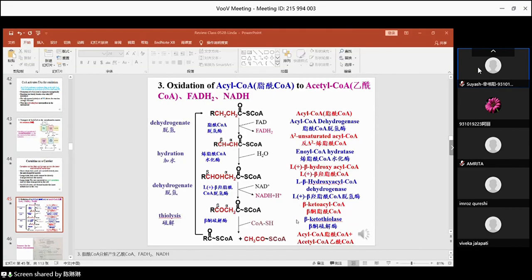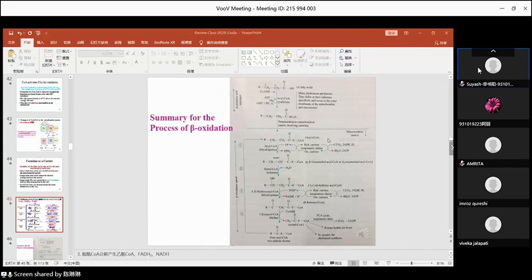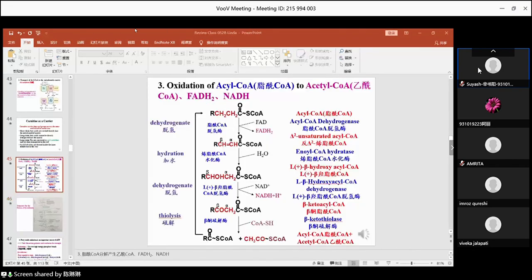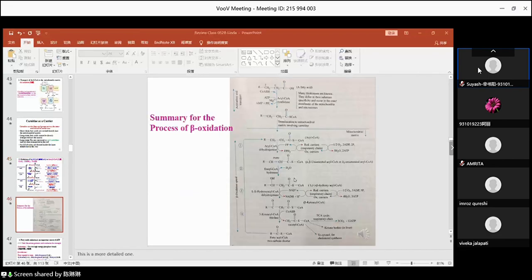You should know they are the dehydrogenation, hydration, dehydrogenation, and the last is thiolysis. This is the most important part of this chapter.